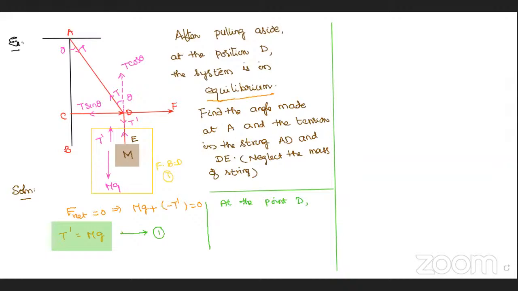Along x-axis and along y-axis, since it is in equilibrium, F net equals 0 surely.